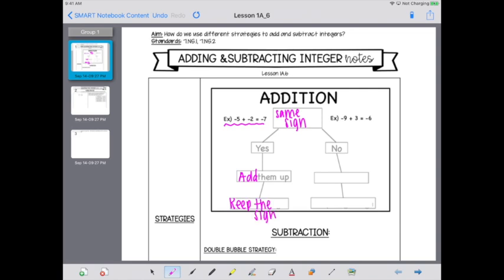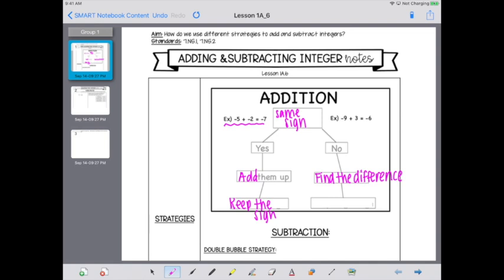If there are not the same signs, then we're going to find the difference. So the difference between 9 and 3 is 6.